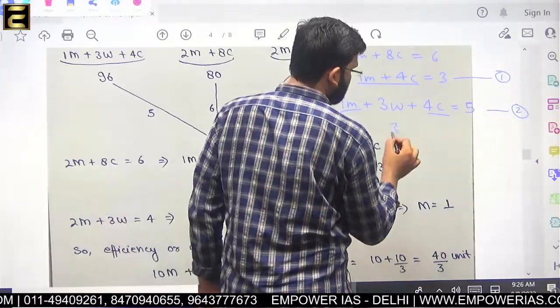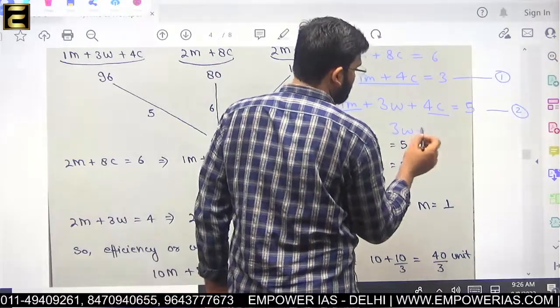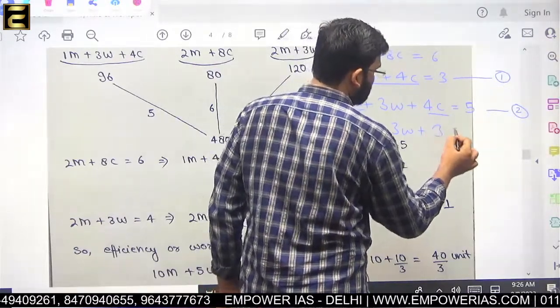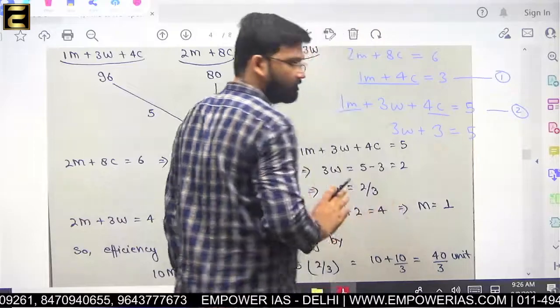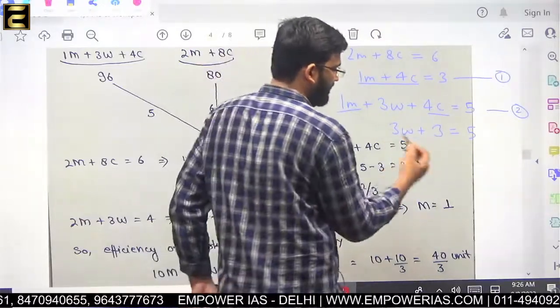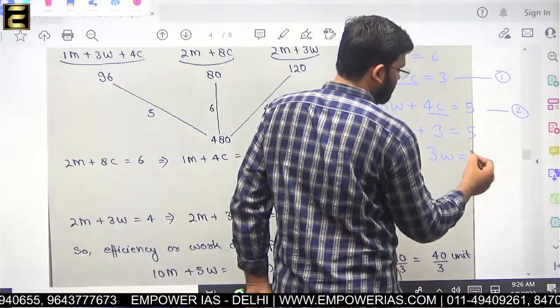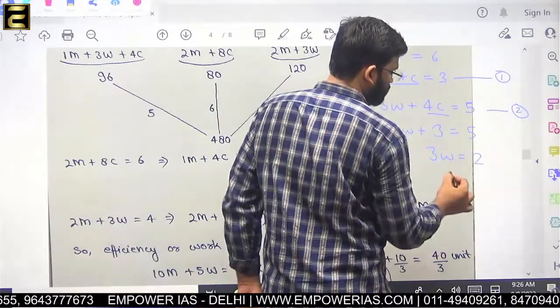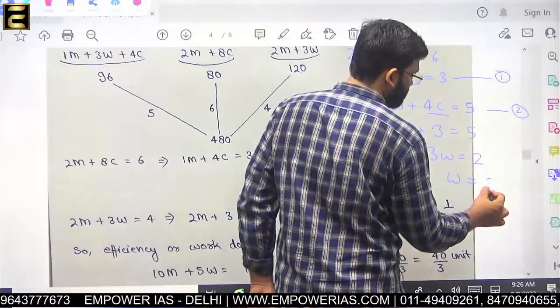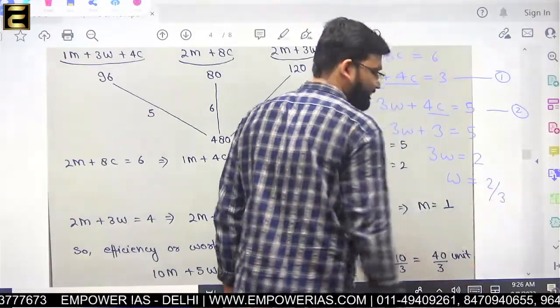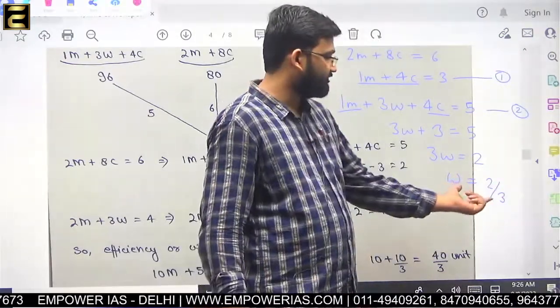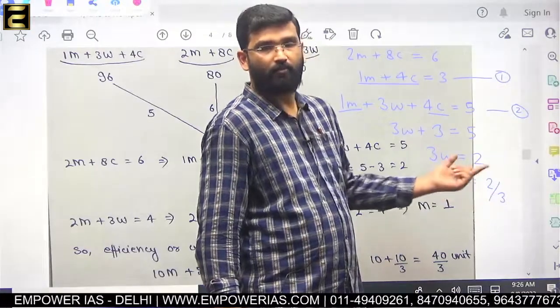So we can write 3 women plus 3 is equal to 5. Okay. Now take 3 common, or in simple way 3 women is equal to 5 minus 3, which is 2. So efficiency of 1 woman is equal to 2/3. Now we have got the efficiency of woman. What else we have to calculate?